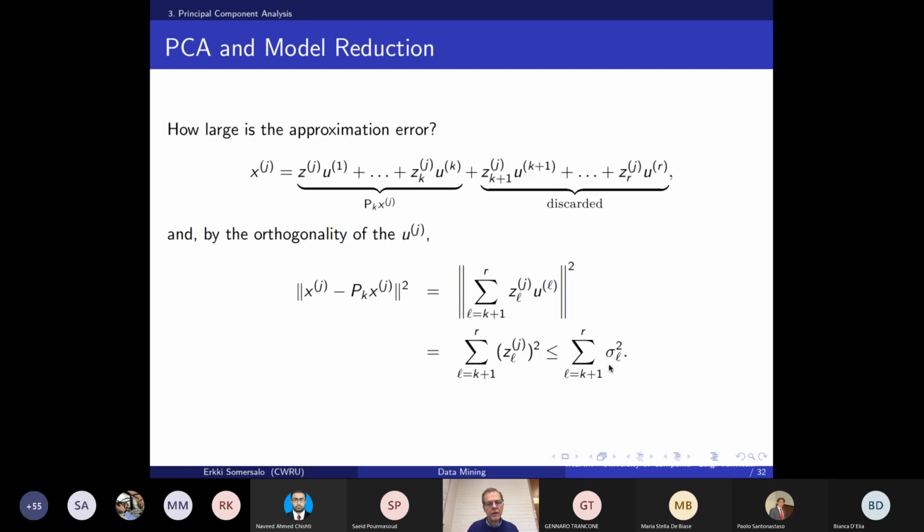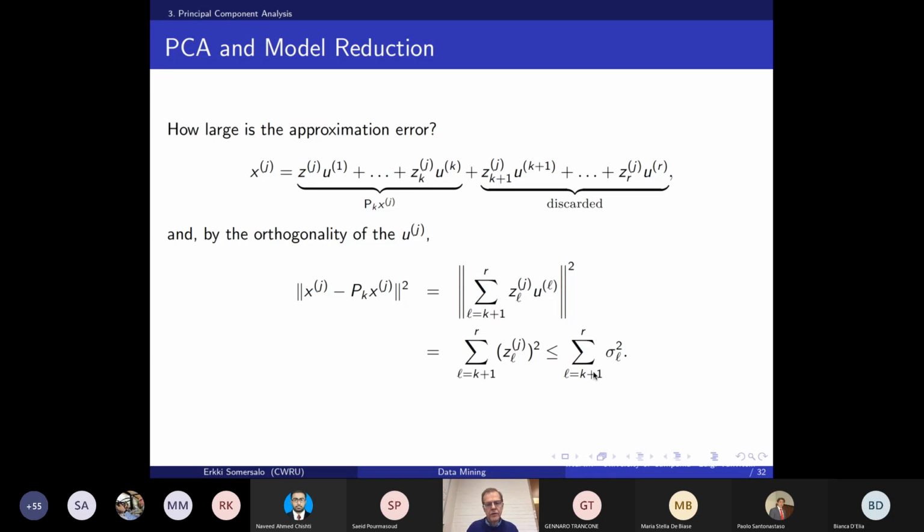And what is nice here is that this upper bound does not depend on j. So whichever data vector I'm looking at, this is the absolute upper bound for all of them. So this is independent of which data vector I'm looking at. And so this is a general upper bound. And if this number is small, then I can safely say that I'm not making a big error if I'm just looking at the lower dimensional projection of my data.